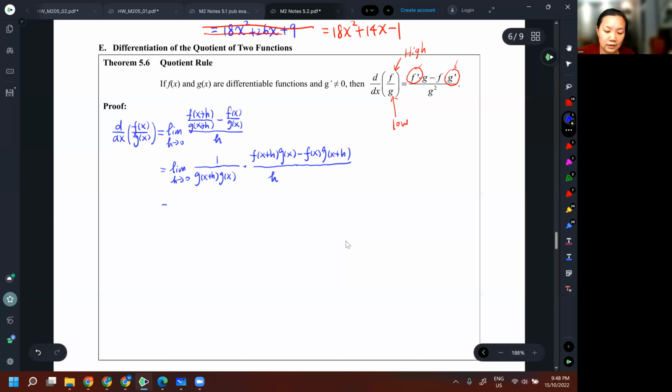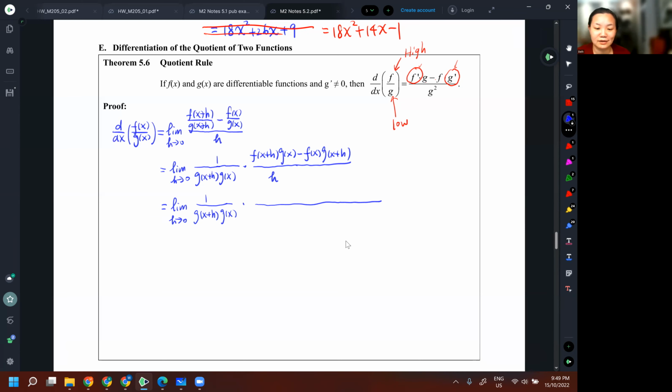Okay, now for the first part, I'll just leave it alone because this part will give me g squared. My answer has g squared, remember? Now this part, I will add something and subtract something again.